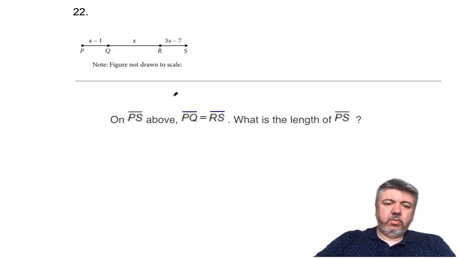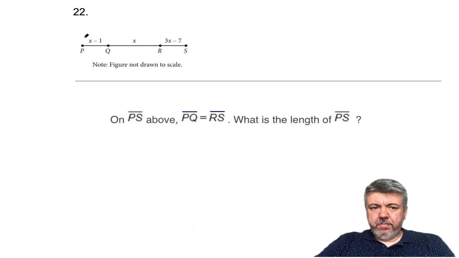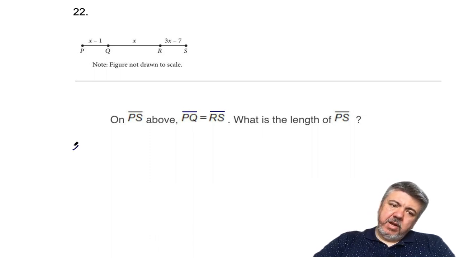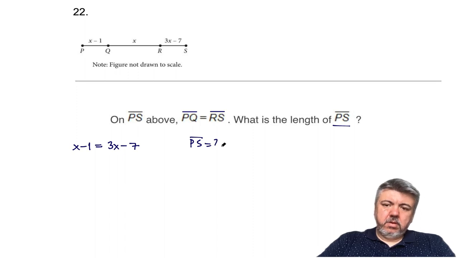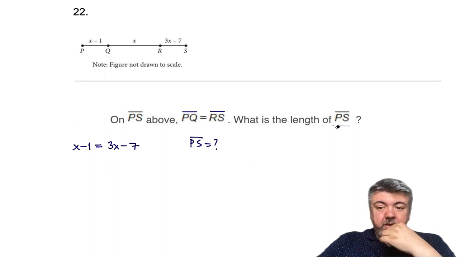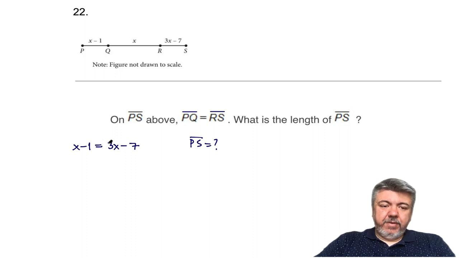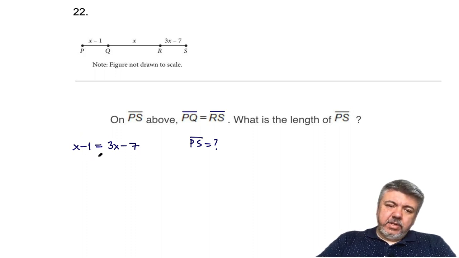Question 22. PQ equals RS. What is PS? PQ is x minus 1, equal to RS, 3x minus 7. We can do that. First, let's find the value of x. First, add minus x to both sides.